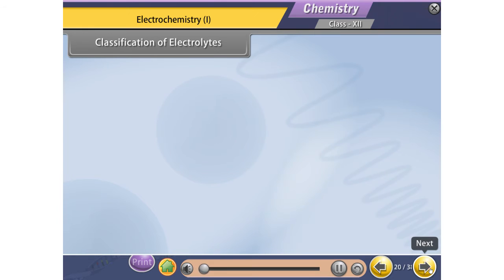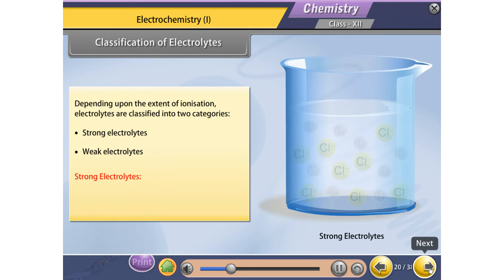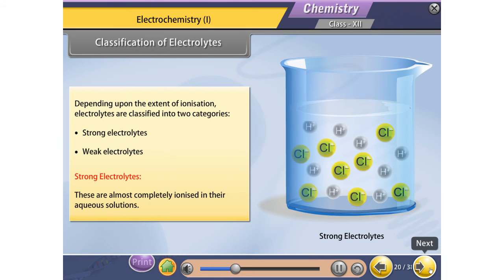Classification of electrolytes. Depending upon the extent of ionization, electrolytes are classified into two categories: strong electrolytes and weak electrolytes. Strong electrolytes are almost completely ionized in their aqueous solutions, for example HCl, NaOH, and KCl.